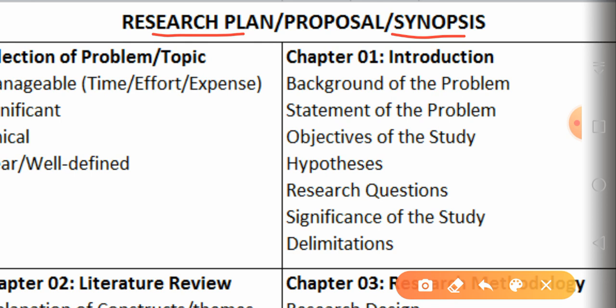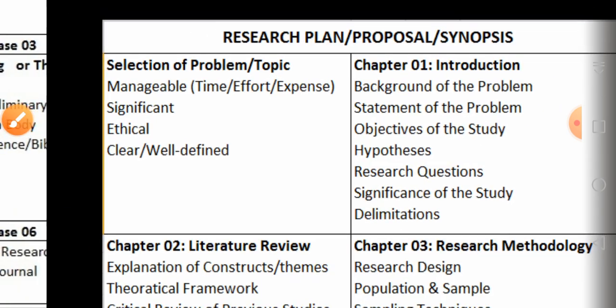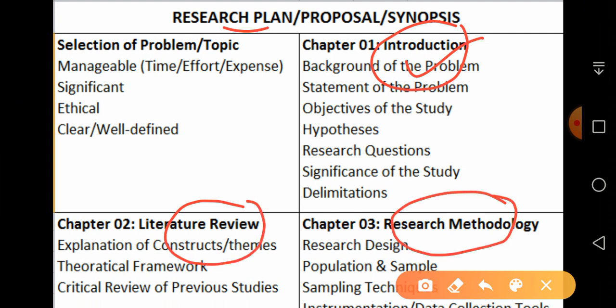Although there are minor differences, usually these three terms are used alternatively, synonymously. Here I have shown that there are three chapters in a research plan or in a proposal. Chapter 1 is introduction, chapter 2 is literature review, and chapter 3 is research methodology.